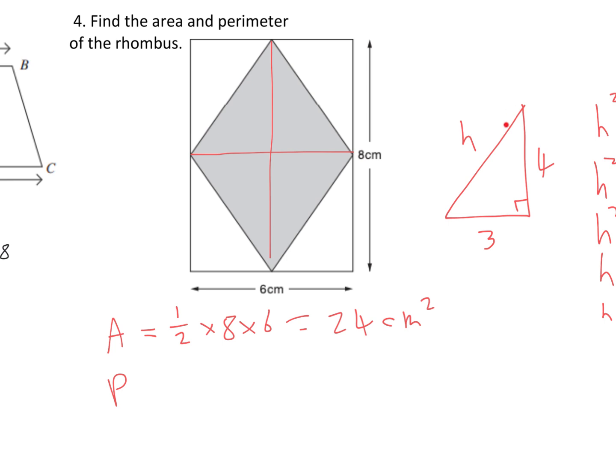So this slant or hypotenuse is 5, so all of these sides have a length of 5. So the perimeter would be 5 plus 5 plus 5 plus 5, or 4 5s, which is 20 centimetres.